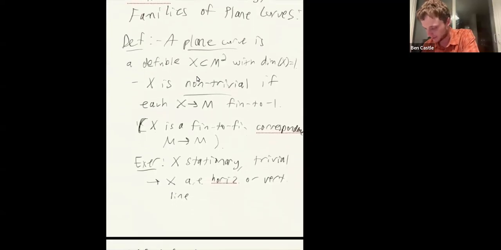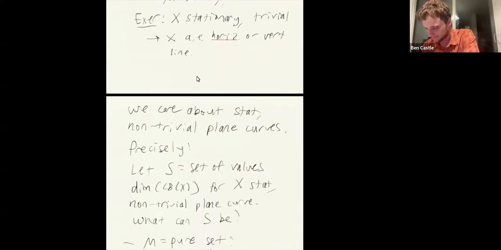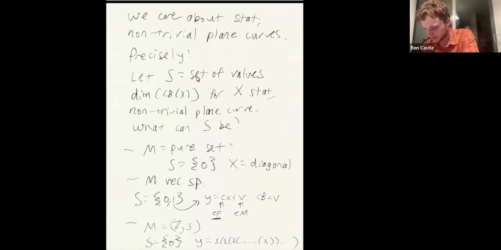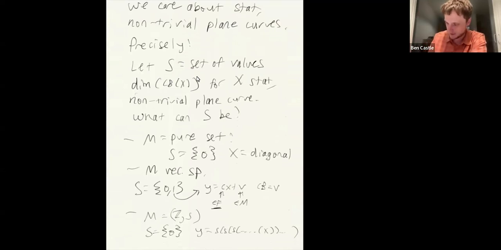So a plane curve: we take the canonical base of a stationary non-trivial plane curve as a number that codes how big of a family we have. However big the canonical base of a stationary non-trivial plane curve can be, that is the largest size of a family of plane curves that you can find.